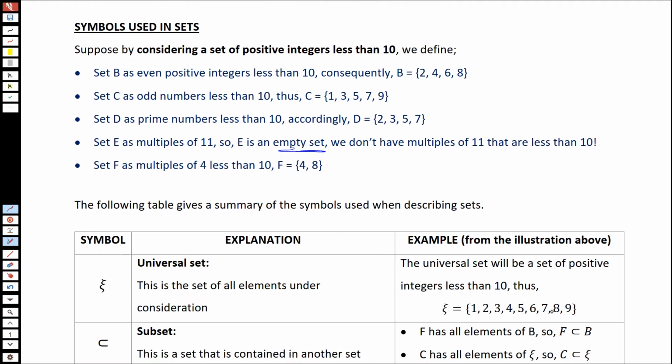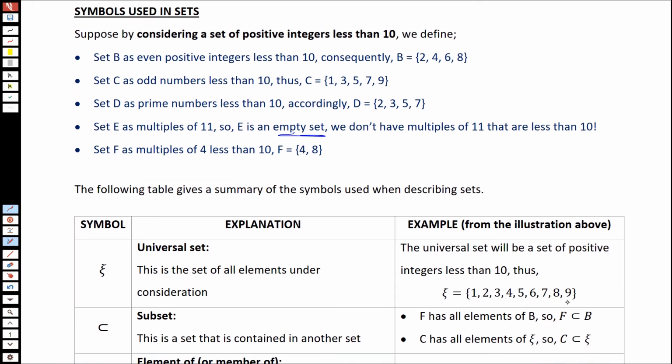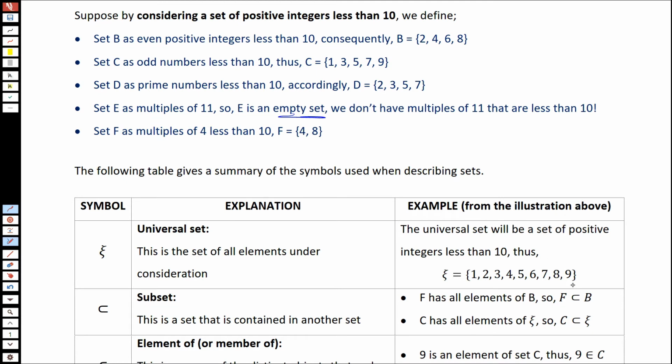So based on that, I want to discuss a few things here, symbols that are associated with sets. So the first symbol is a symbol for the universal set. Basically the universal set is a set of all elements under consideration.